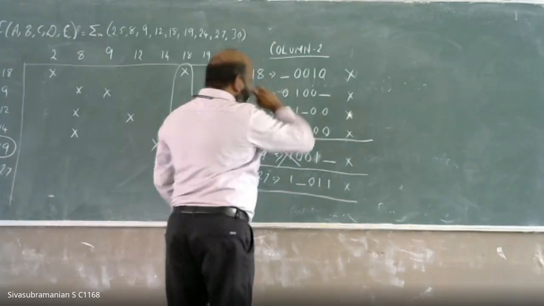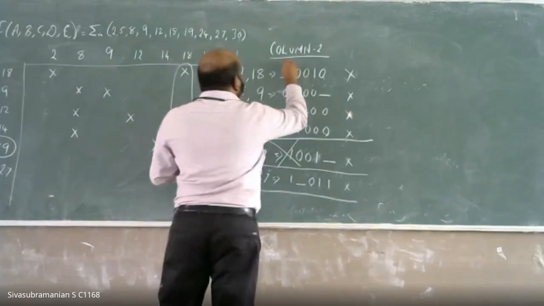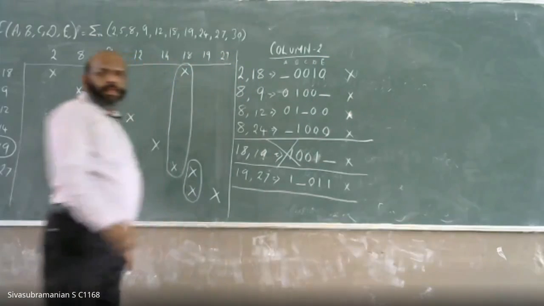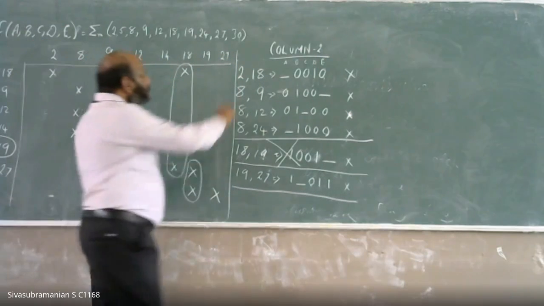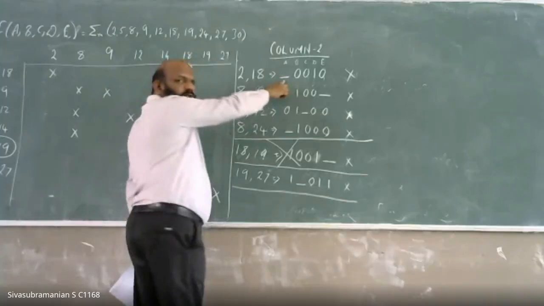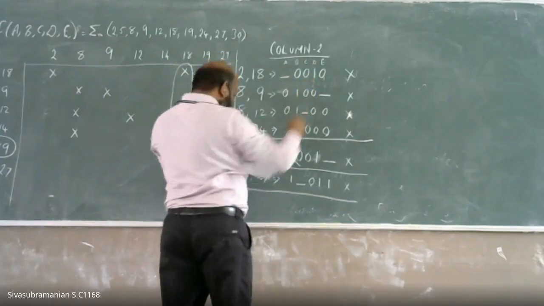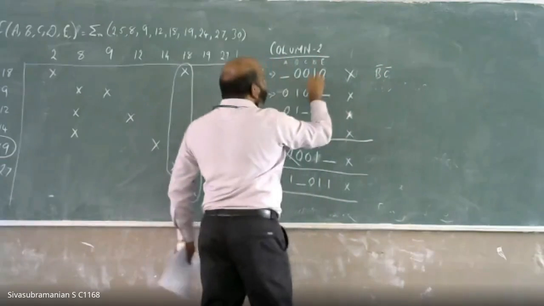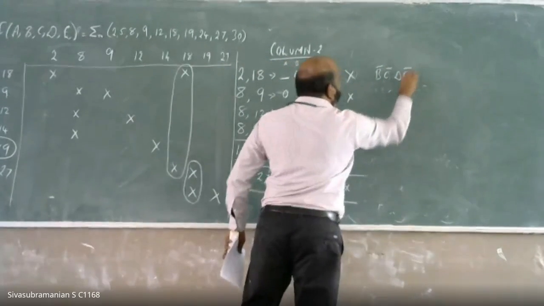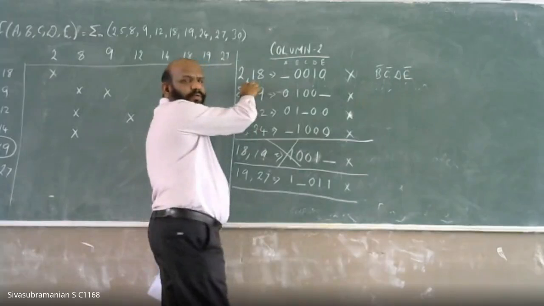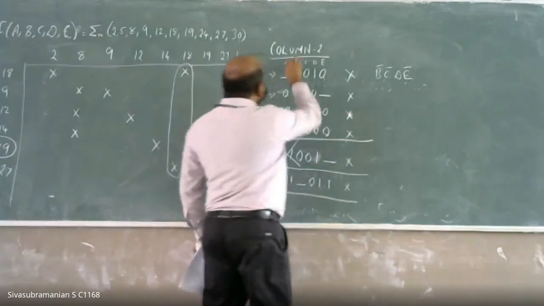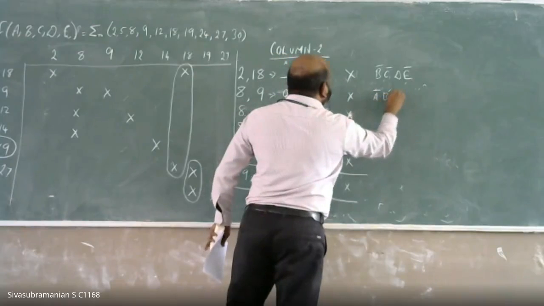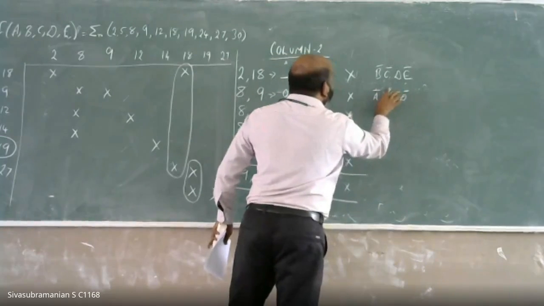When you look at it here, this is nothing but A, B, C, D, E, in bitwise relation. Look at this term, 2, 18. A is don't care, so it is B bar, C bar, D, E bar. This is for 2, 18. For 8, 9, A is equal to 0, so it is A bar, B, C bar, D bar.